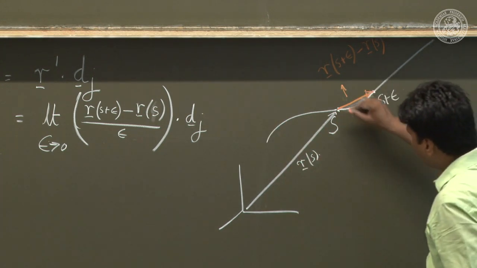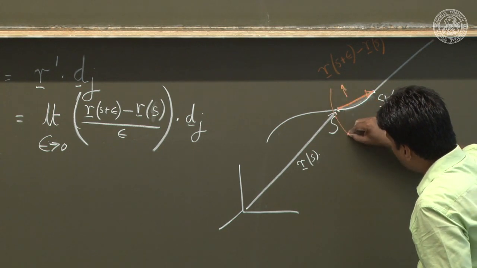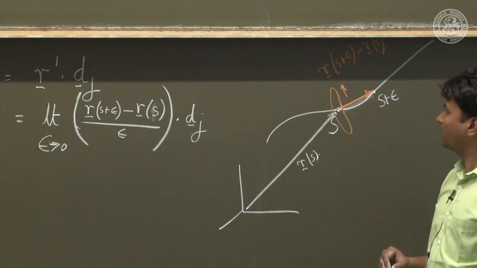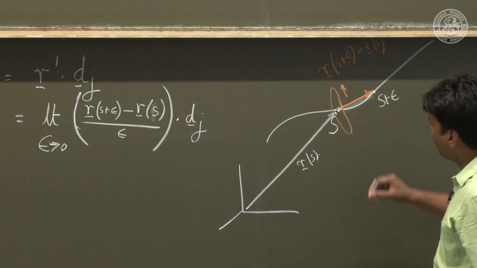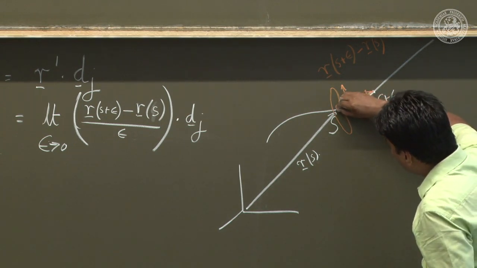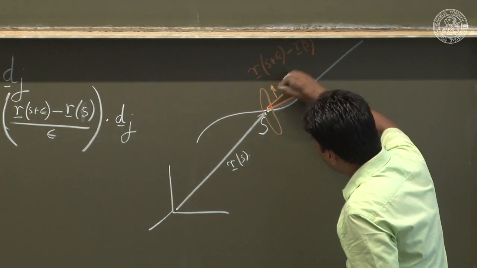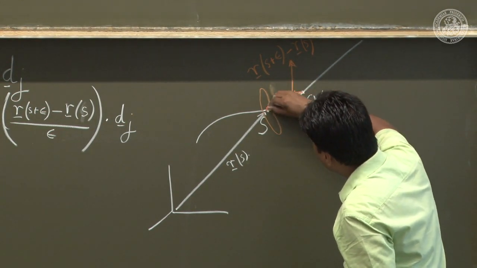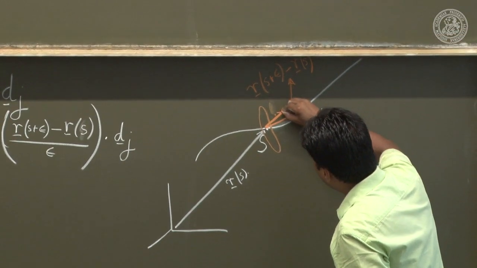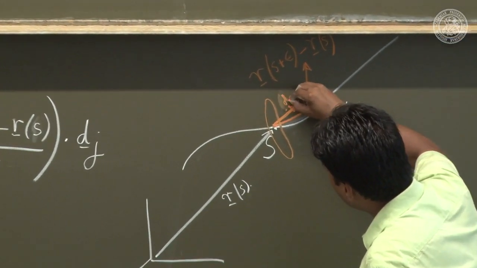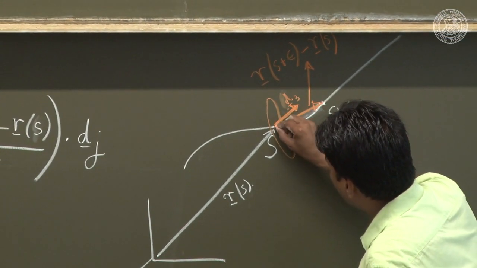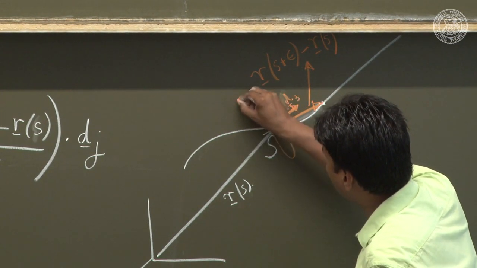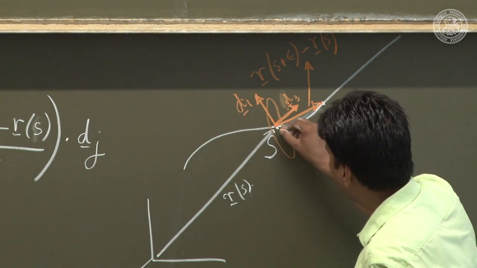So suppose here is your cross section, and this is your D3, that's your D1, and then your D2.